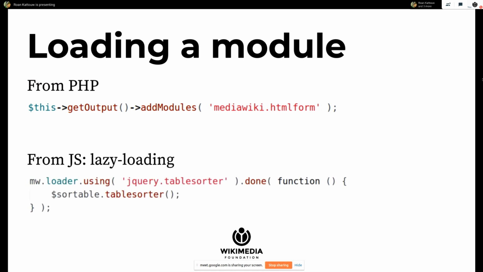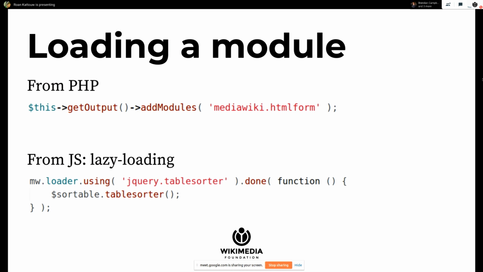You can also do lazy loading of modules from within JavaScript. If you discover later that you need something, or if you have a module that is really big and you only want to load it when the user interacts with your feature, for example, if they open VisualEditor, they click Edit, and then you realize that you need to load all this code because they want to use VisualEditor now, you can use mw.loader.using for that.